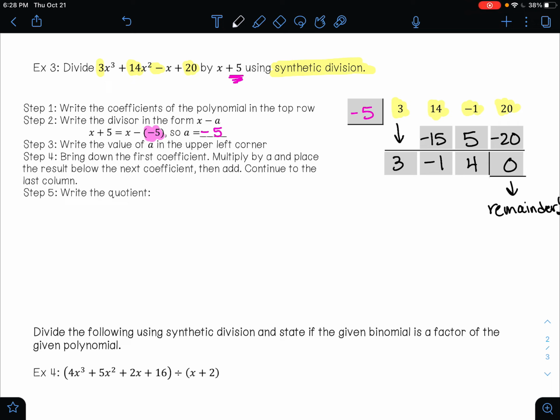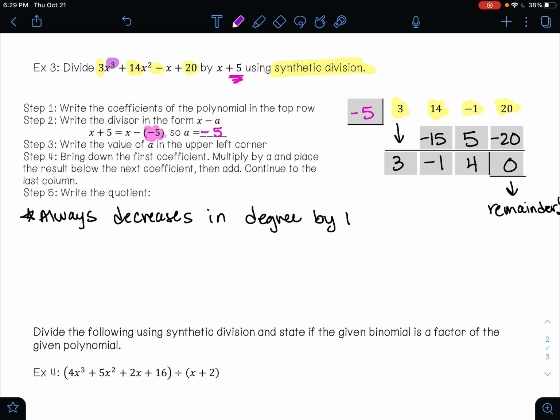So it always decreases in degree by 1. What I mean by that is if you look at the polynomial we started with, it was x cubed.